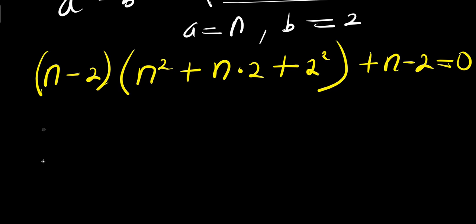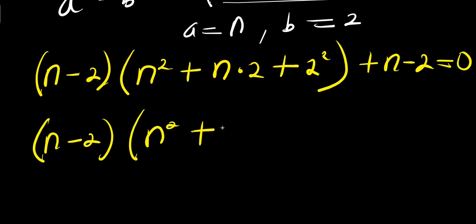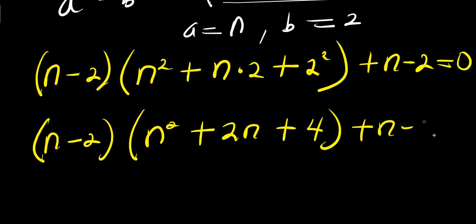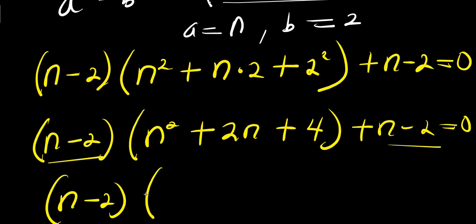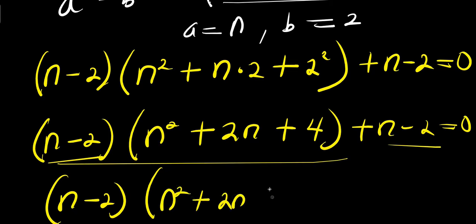So from here, I'll have n minus 2 times n squared plus 2n plus 4, plus n minus 2 equals 0. n minus 2, I can factor that out. I have n minus 2 times the whole of this divided by n minus 2: we have n squared plus 2n plus 4, plus this n minus 2 divided by n minus 2, we have 1.